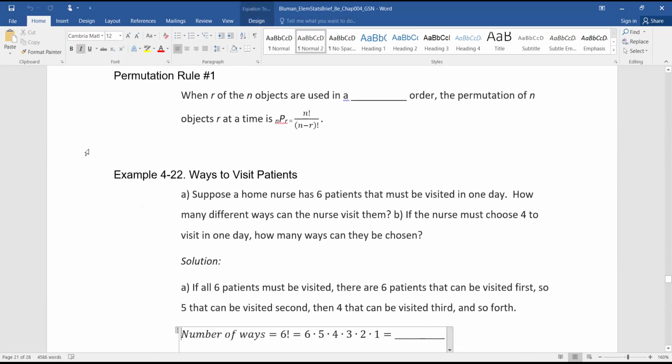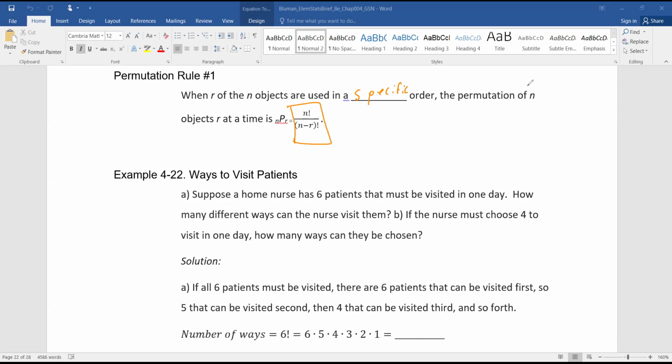Here's what you need to know. Permutation rule number 1: when r of the n objects are used in a specific order, the permutation of n objects r at a time is nPr. That's just notation, but this is the formula. So this will be n factorial divided by n minus r factorial.